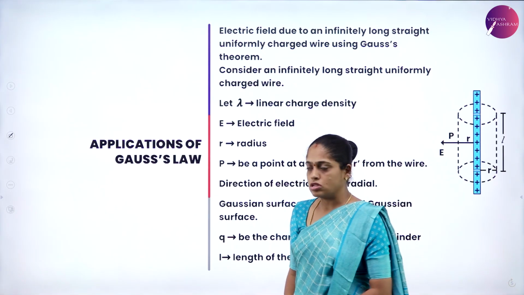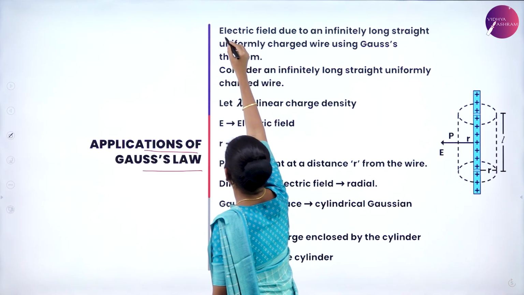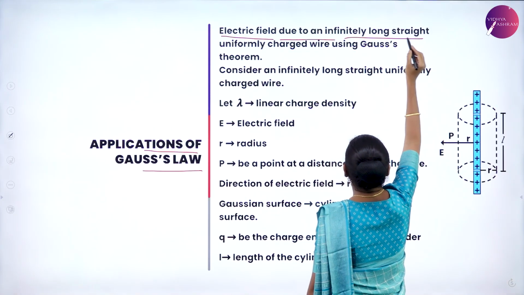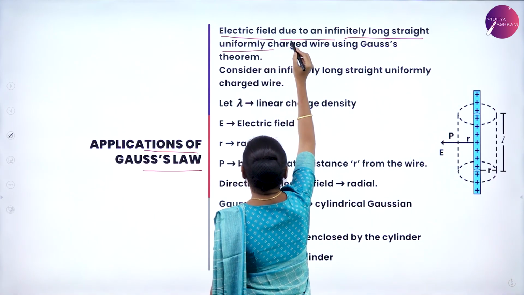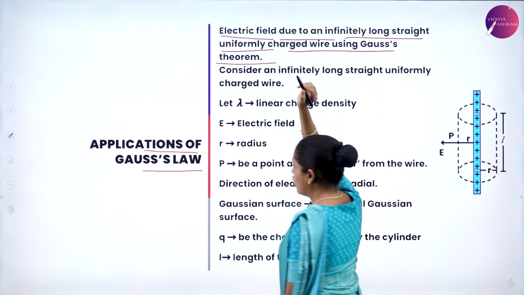Now, on this Gauss law, we have the application. The first application is to find the electric field due to an infinitely long, straight, uniformly charged wire using Gauss law.